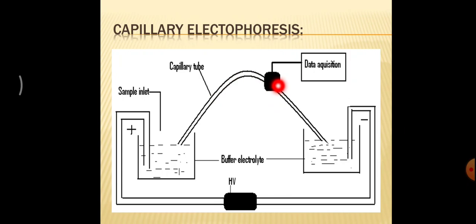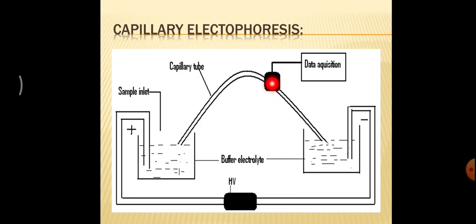Here the sample will be applied, either by a high voltage injection potential, which causes the sample to enter the capillary by a combination of ionic attraction and electroosmotic flow.